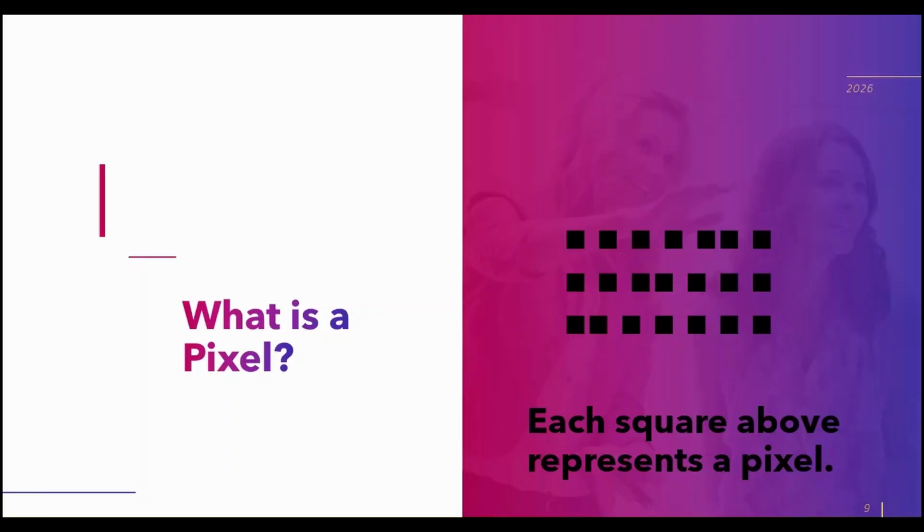What is a pixel? By the time you zoom into any picture, whether it's this one that I use as background on this slide, when you zoom in enough, you're going to begin to see something like this. So each square box represents a pixel.